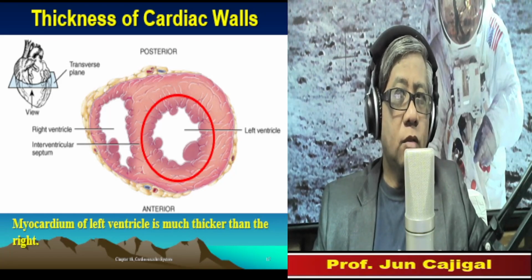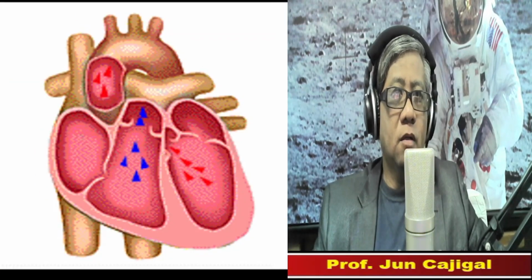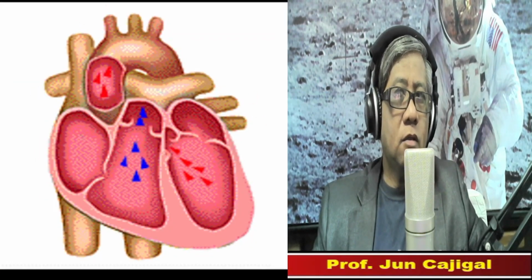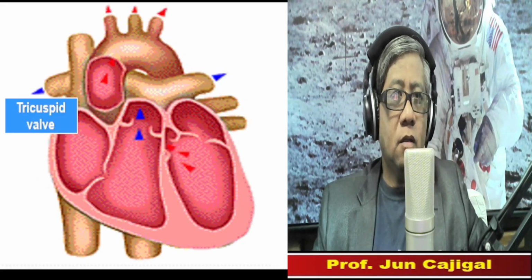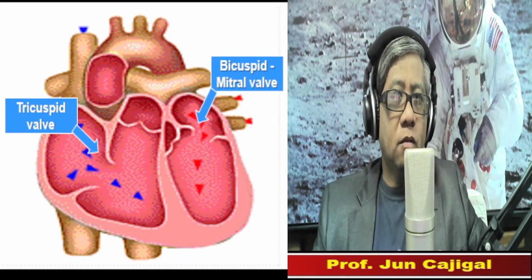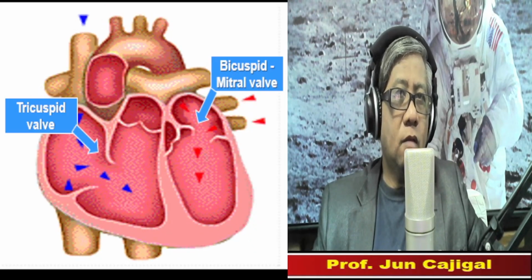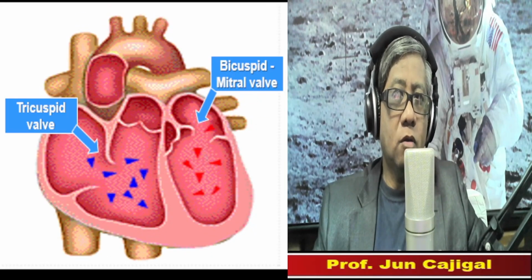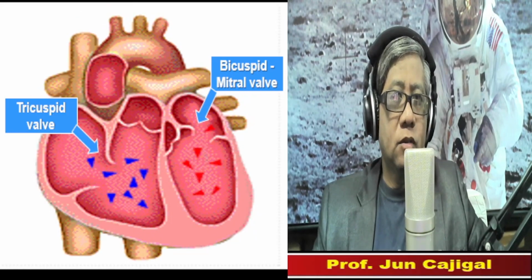Now, let us proceed with the identification of the different valves that make up the heart. The right atrium is separated from the right ventricle by the tricuspid valve, and the left atrium is separated from the left ventricle by the bicuspid or mitral valve. Both the tricuspid and mitral valves are the so-called AV valves, or atrioventricular valves.